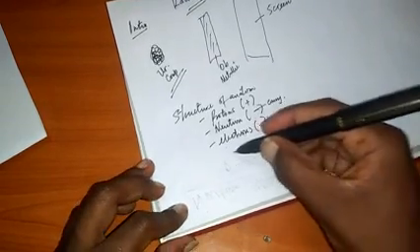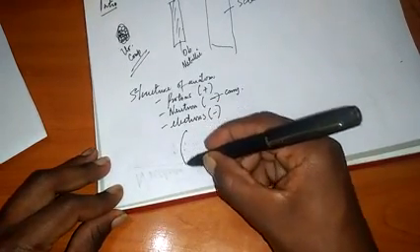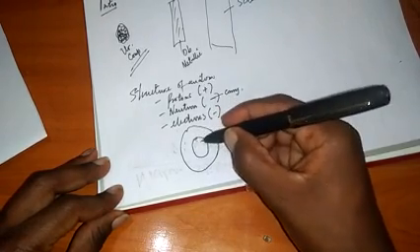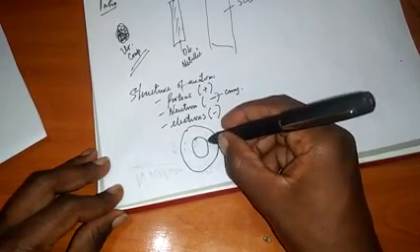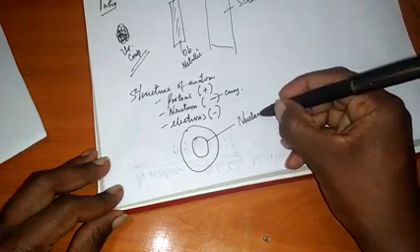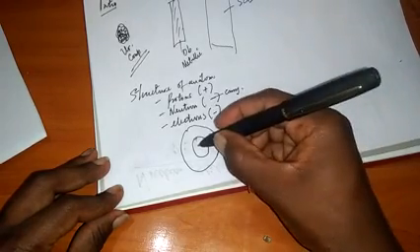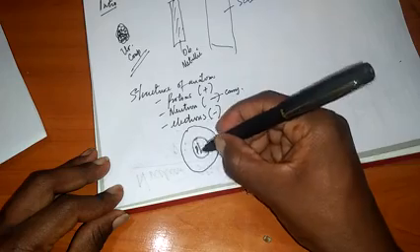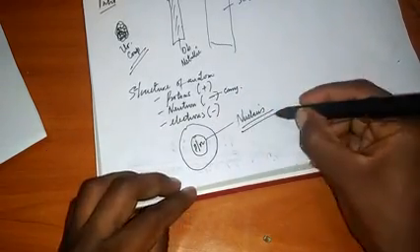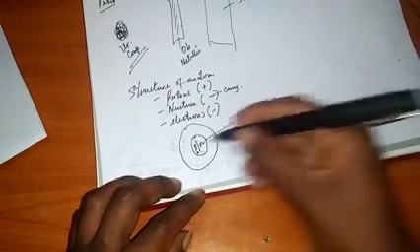So basically this is the structure of an atom. This is what we call the nucleus of an atom. In the nucleus is where the protons and the neutrons are concentrated. So the nucleus of an atom is positively charged because of the protons in it.